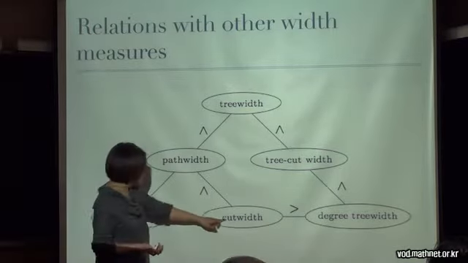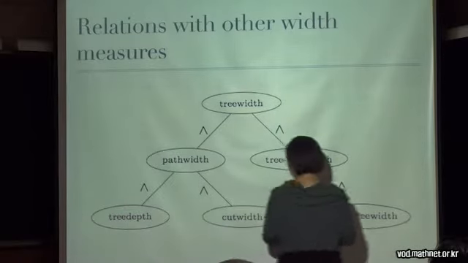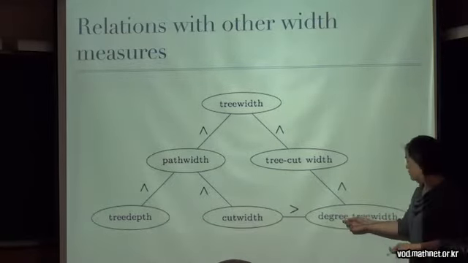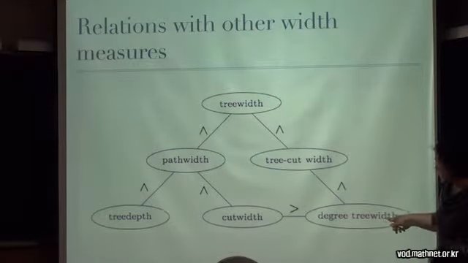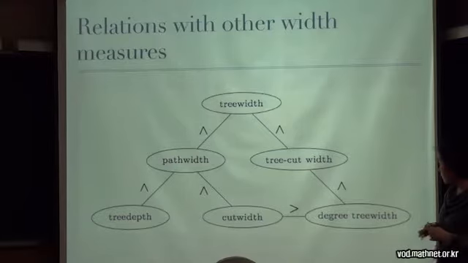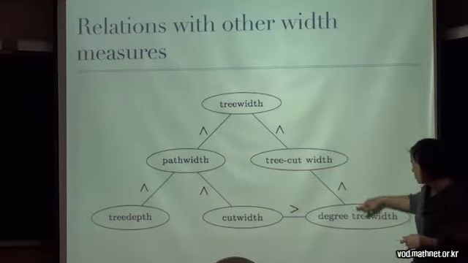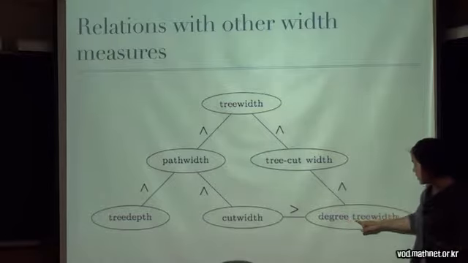So cut width bounds the path width, and if you have small cut width, then the degree of the graph is bounded and the tree width is bounded. And having small tree cut width is actually a generalization of having small degree and small tree width.